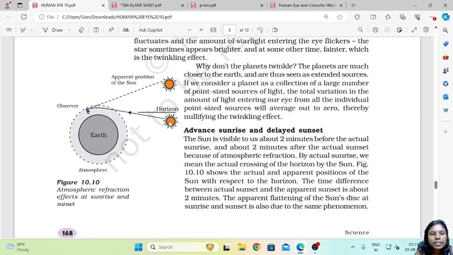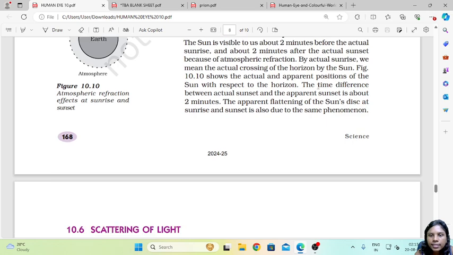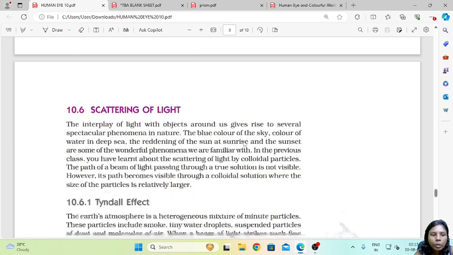This is the actual position of the sun, whereas we see it at this point. That is the difference that is happening here, a lag of 2 minutes. So the time difference between the actual sunset and the apparent sunset is about 2 minutes. The apparent flattening of the sun's disk at sunrise and sunset is due to the same phenomenon.